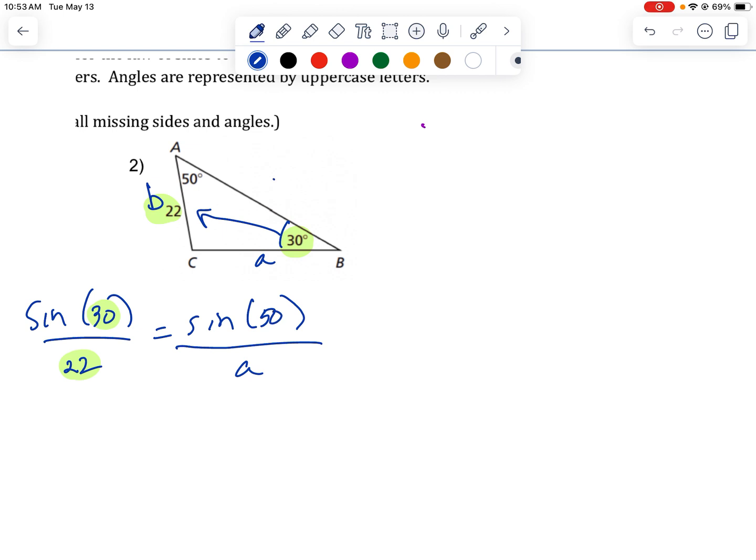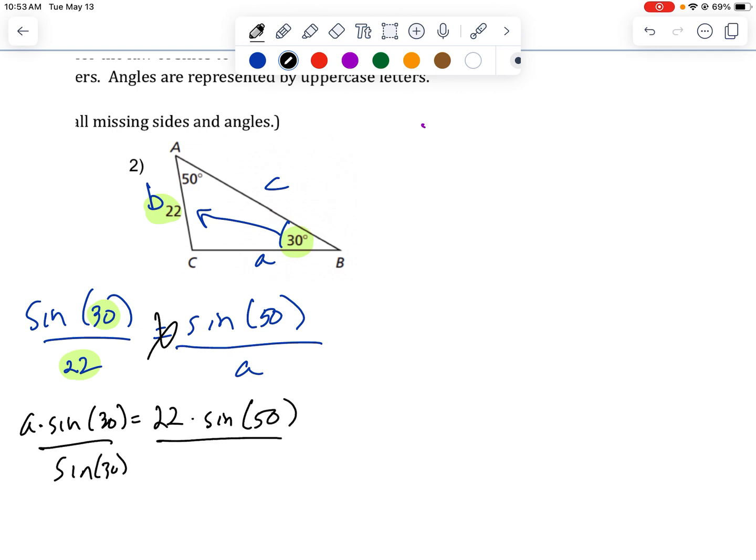We are going to find side C in this one as well. Here, just cross multiplication. A times the sine of 30 equals 22 times the sine of 50. Divide by sine of 30, divide by sine of 30.